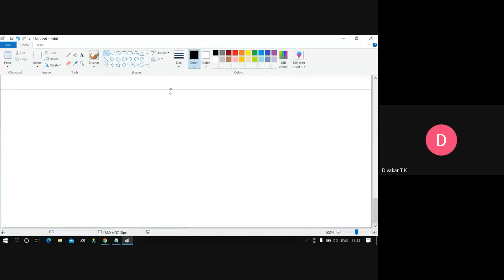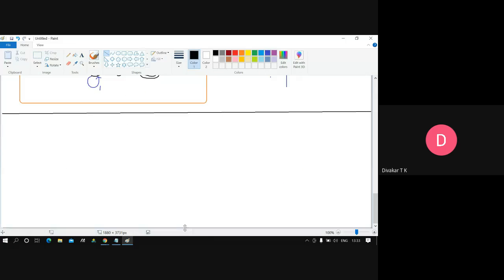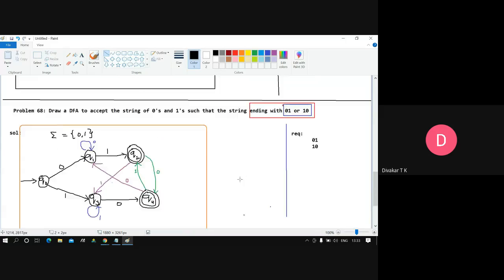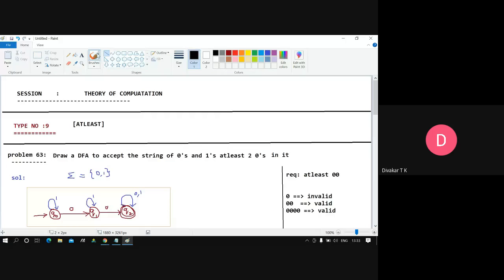So I'll wrap up today's session now. Going back, we started with the theory of computation. In type number 9, we checked the at least type of problem.